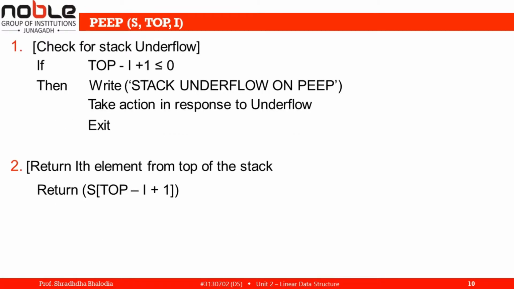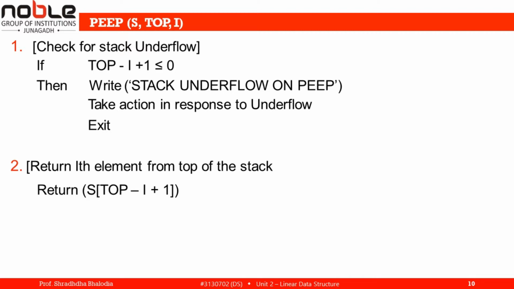Next is the peep operation. It is also possible to verify the item placed at the top of the stack without removing it. This operation is called the peep operation. Thus, determining the top element of a stack without removing it from the stack is called the peep operation. For performing the peep operation, we also need to check for underflow conditions. If there is any element in the stack, then we can display that element as the output.